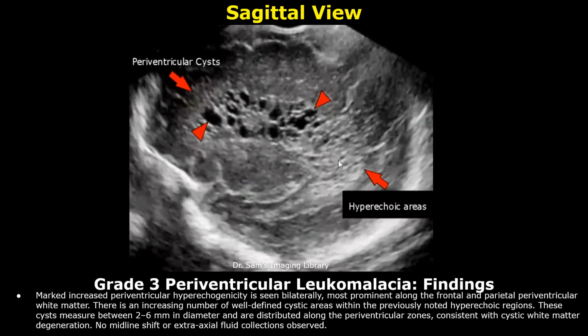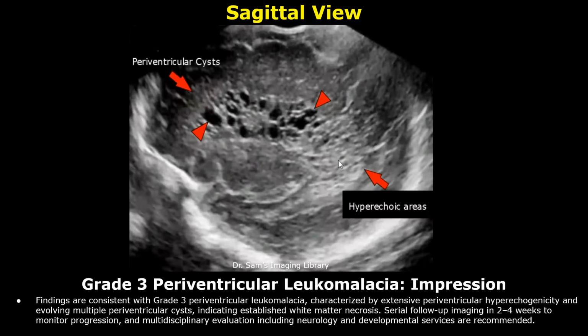No midline shift or extra-axial fluid collections observed. This is the impression. Findings are consistent with grade 3 periventricular leukomalacia, characterized by extensive periventricular hyperechogenicity and evolving multiple periventricular cysts, indicating established white matter necrosis.